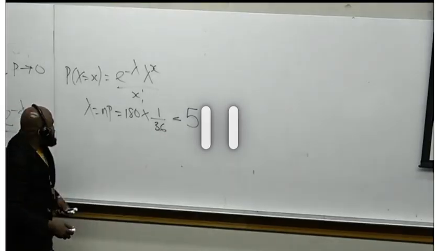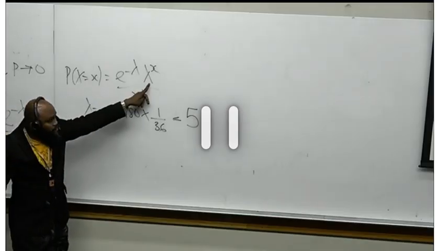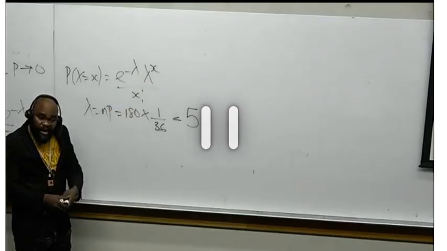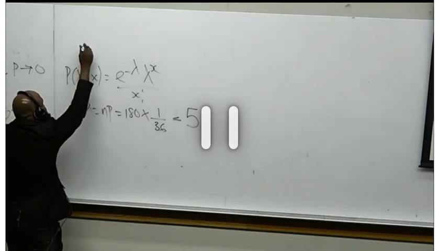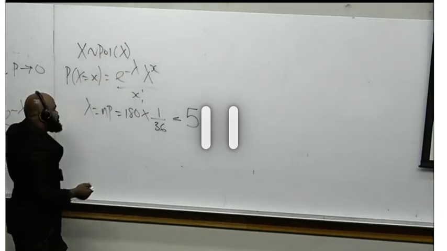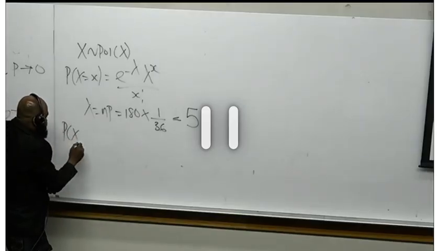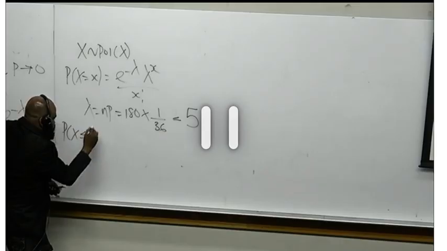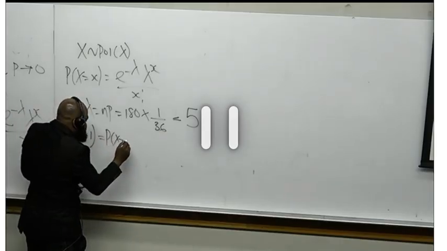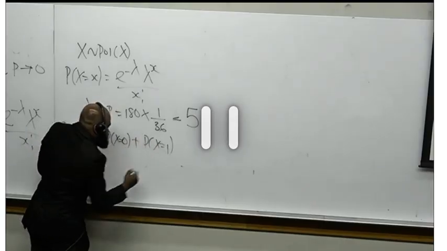For me to use Poisson, I have to know my lambda. In a Poisson distribution, the parameter is lambda. That's why you see x follows Poisson with parameter lambda. Now, I want to find the probability of x less than or equal to 1, that is, the probability of x equal to 0 plus the probability of x equal to 1.